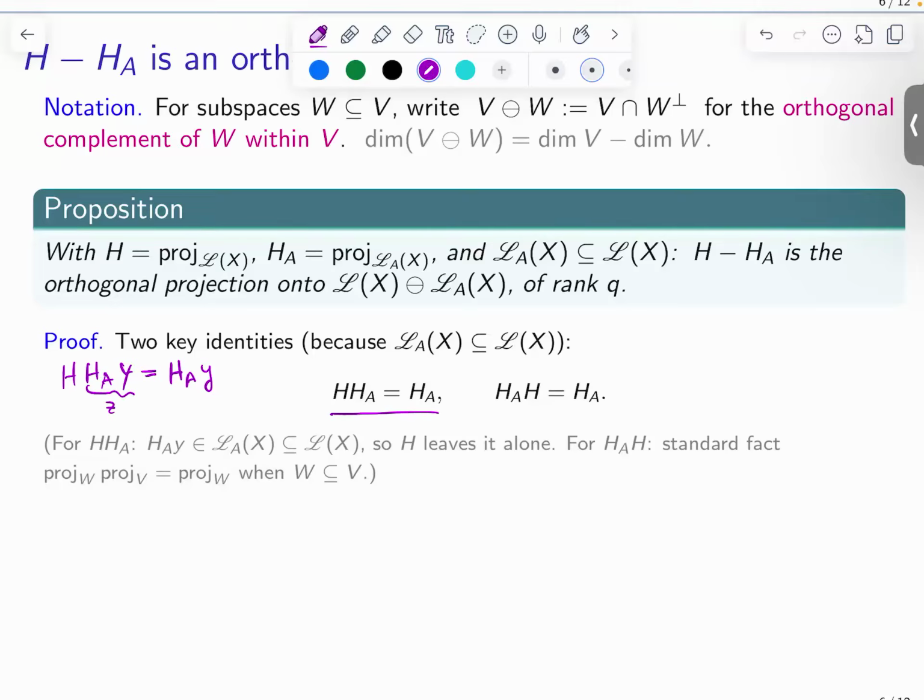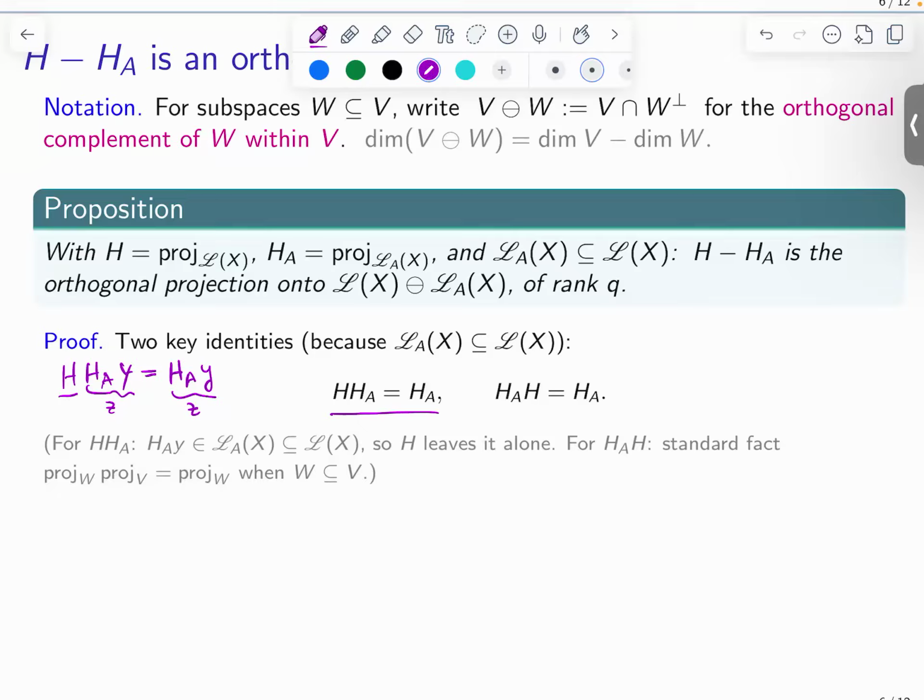Let's call this z, for example. When I apply HA to y, I'm projecting y onto LA of x. So z is in LA of x, but LA of x is also inside L of x. So when I apply H again to z, it's going to leave it invariant.